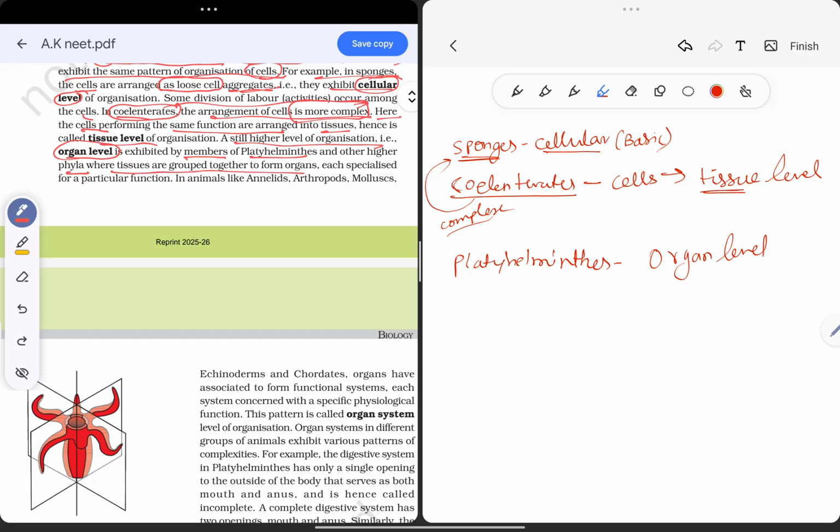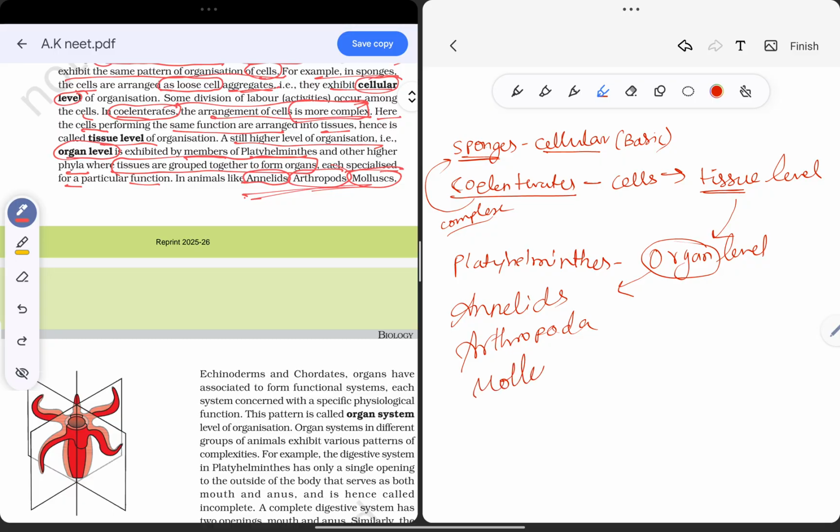Platyhelminthes started to exhibit a higher level of organization, which is organ level, and other higher phyla where tissues are grouped together to form organs. Now the tissues are forming the organs, each specialized for a particular function, in animals like Annelida, Arthropoda and Mollusca.